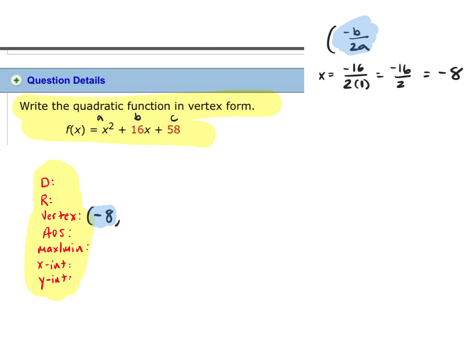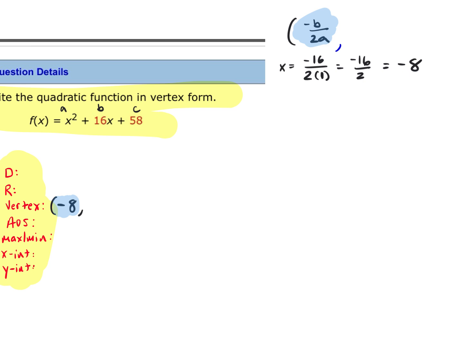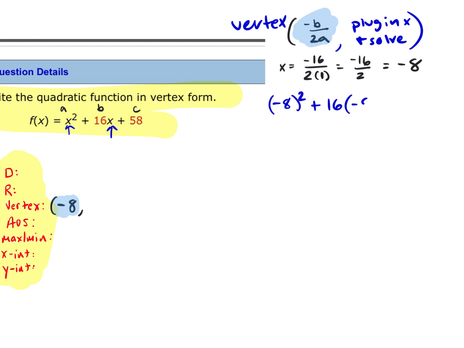Next, let's find our y. To find the y, we want to plug in x and solve. So this is for our vertex. So we're going to plug in negative 8 into our x's in our equation here. So we have negative 8 squared plus 16 times negative 8 plus 58.